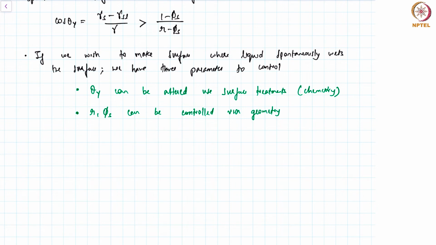So if you can manufacture surfaces with a prescribed r and phi s, and if you can do chemical treatment on the surface, then you can always make a surface in such a way that it spontaneously wets the surface.